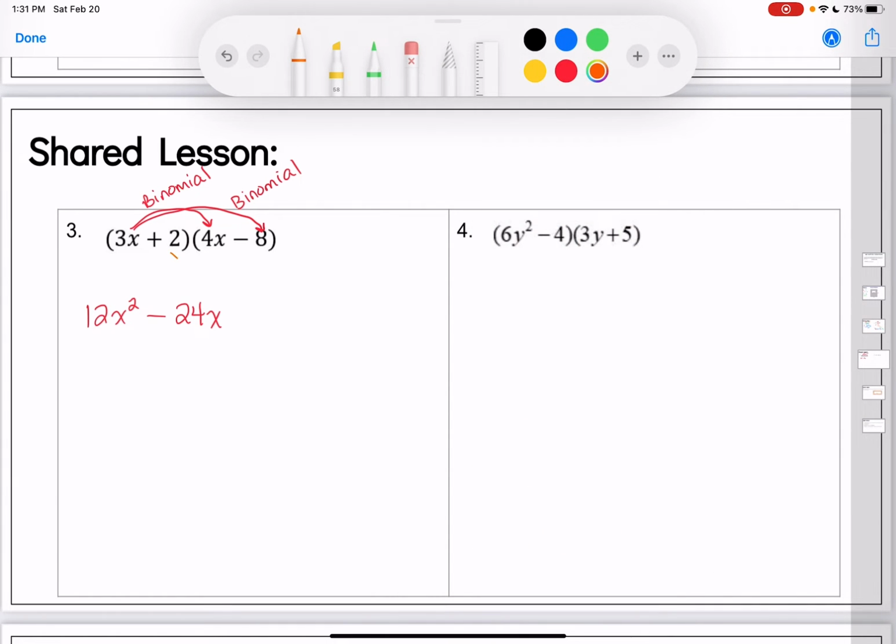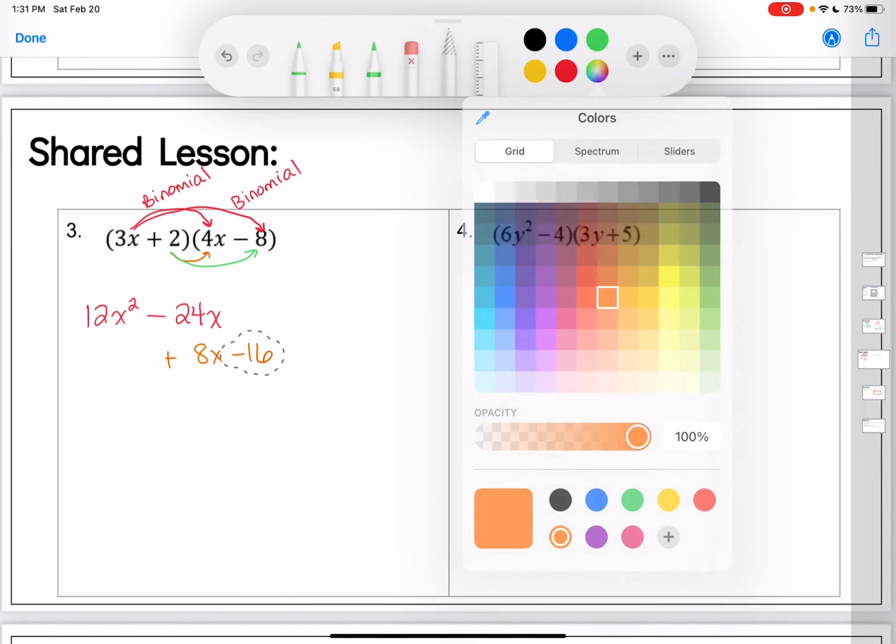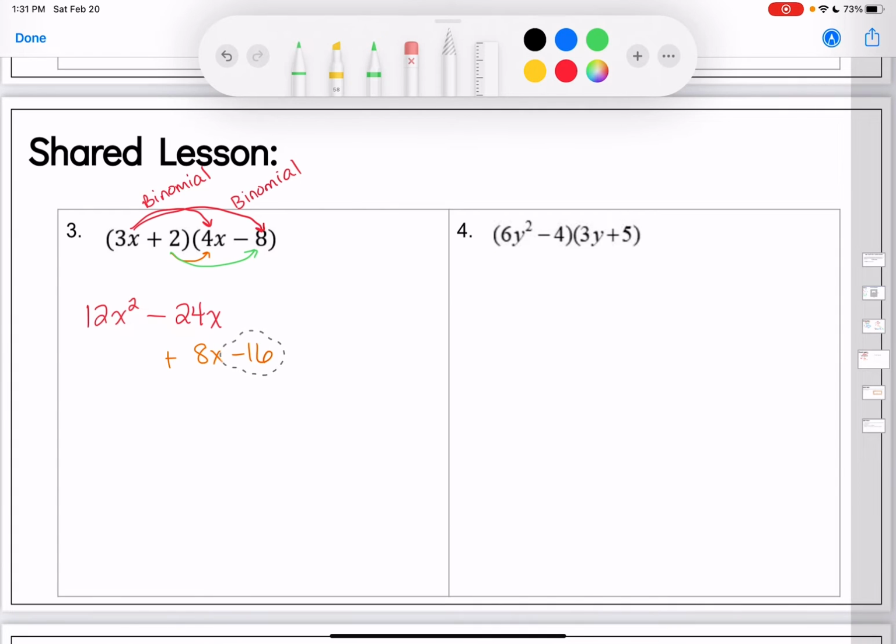Then I'm going to do 2 times 4x. Gives me positive 8x. Then I'm going to do 2 times negative 8. Gives me negative 16. Oops, I don't know why I changed colors on you there. Okay.